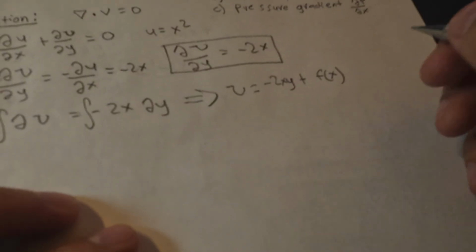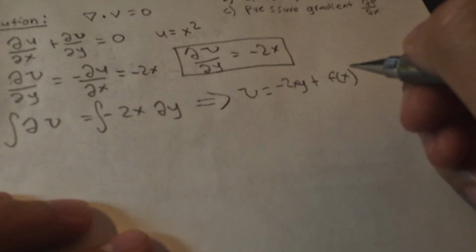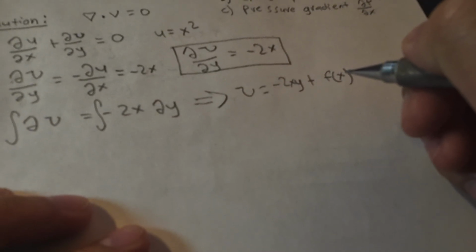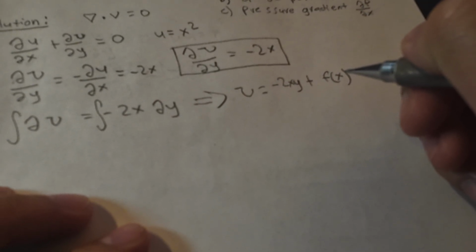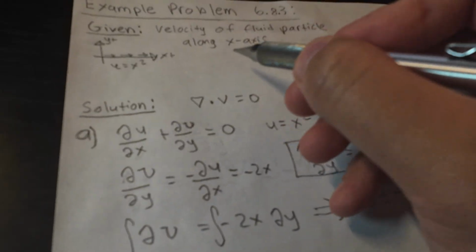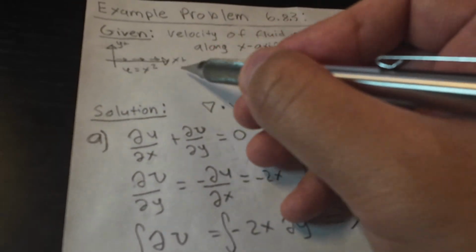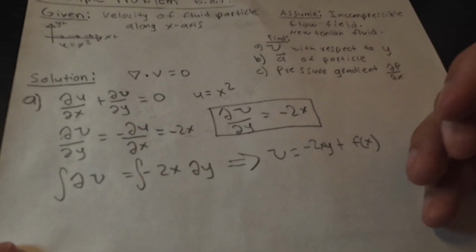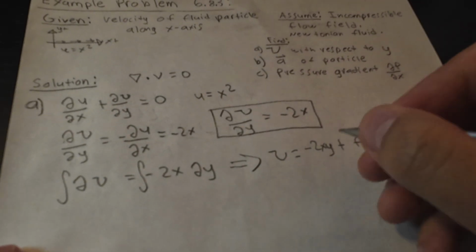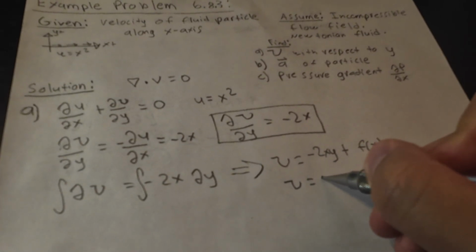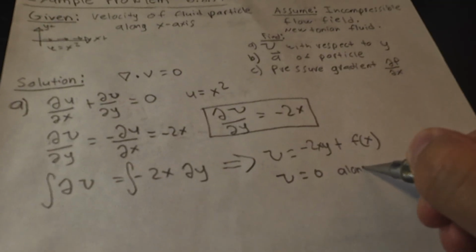So, right, but we had the assumption, since the x-axis is a streamline, v equals 0 along this axis. So that means, since we had this assumption that we're taking the velocity along the x-axis here, let me just write it out here. So v is equal to 0 along the axis.